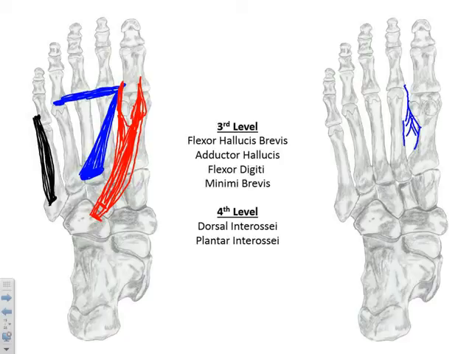And similar to what we saw in the hand, because these are abductors of the digit, they will all attach along the surface of the proximal phalanx that is furthest away from the midline to be able to pull the respective digit away from the midline structure. So really, absolutely no difference from what we saw in the hand.